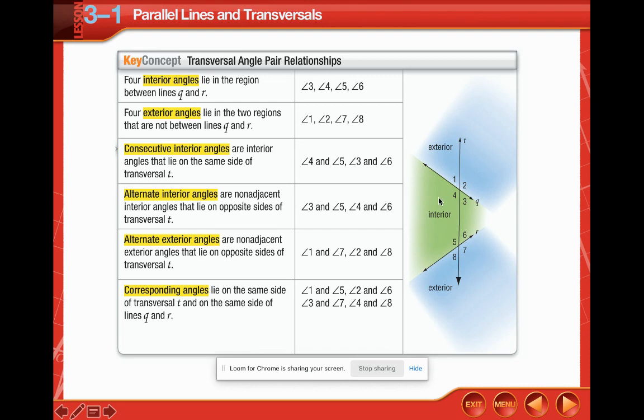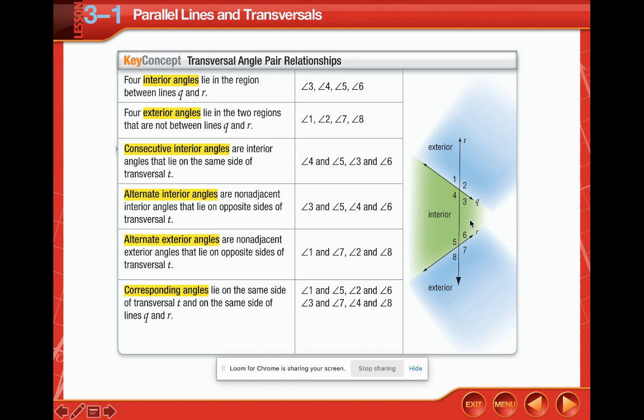The interior angles are between Q and R, and the exterior angles are outside of Q and R. Consecutive interior angles are angles that are in the interior but lie on the same side of T. So 4 and 5, 3 and 6.